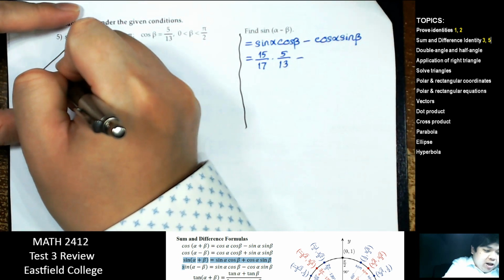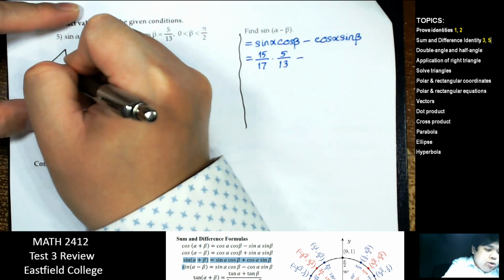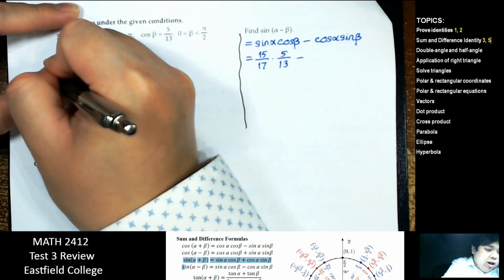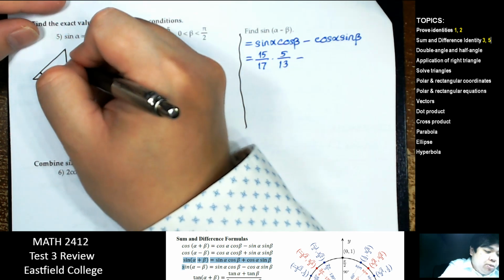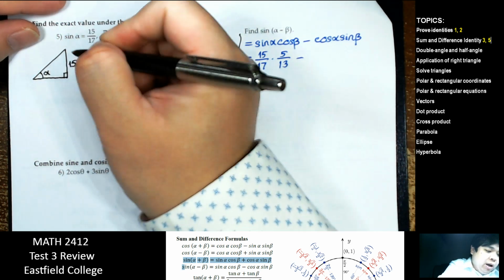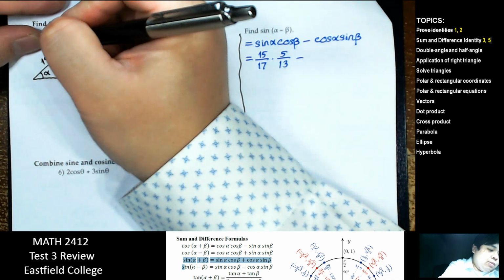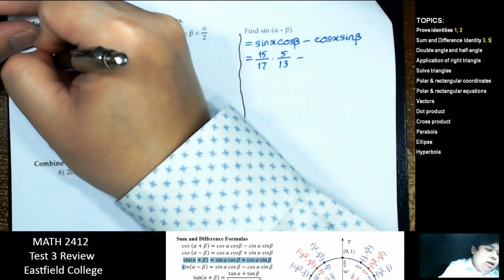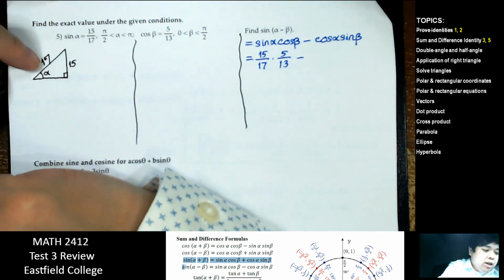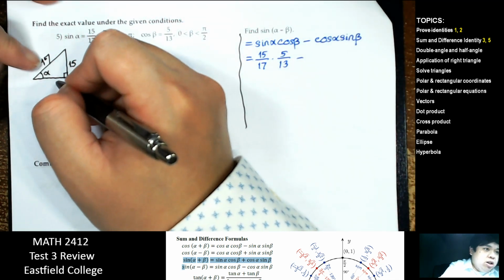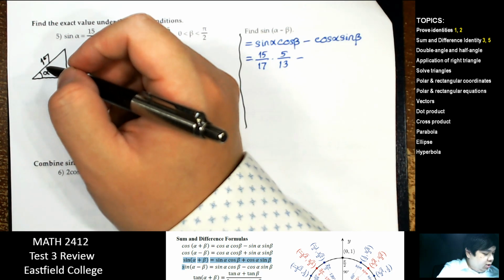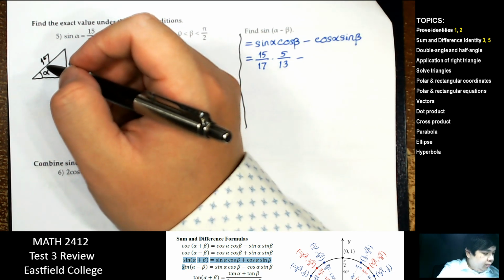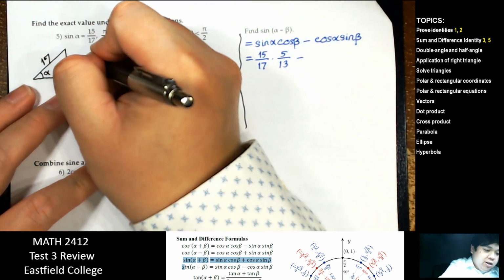This is the fundamental technique. So we use the right triangle, angle alpha, 15 over 17, opposite over hypotenuse is going to be sine. So do the Pythagorean theorem, 17 squared minus 15 squared, I think it's 64.